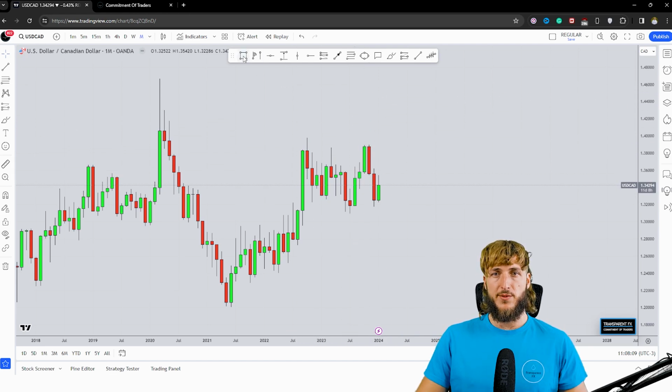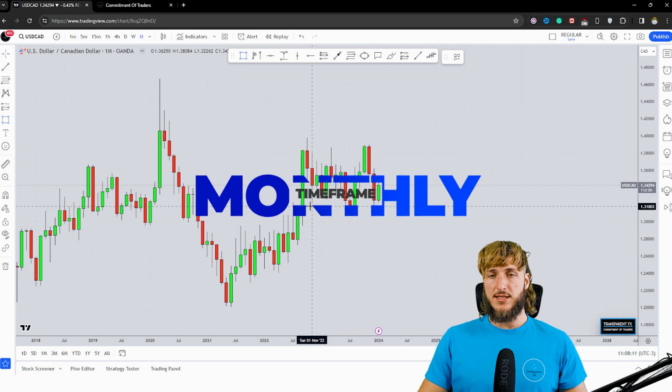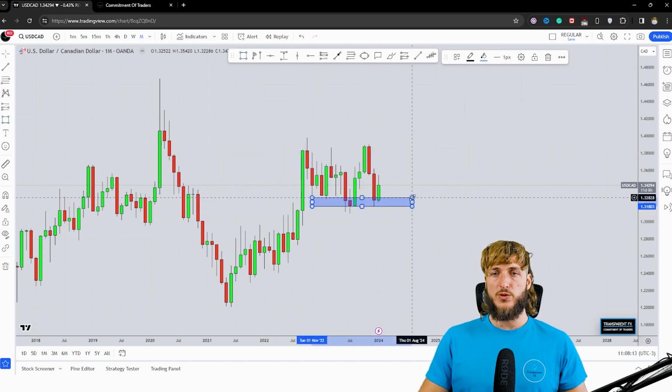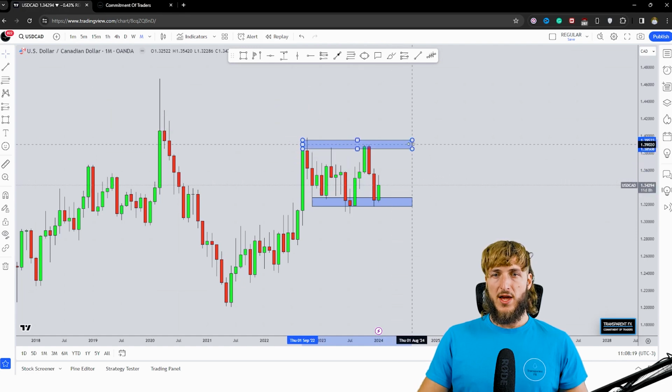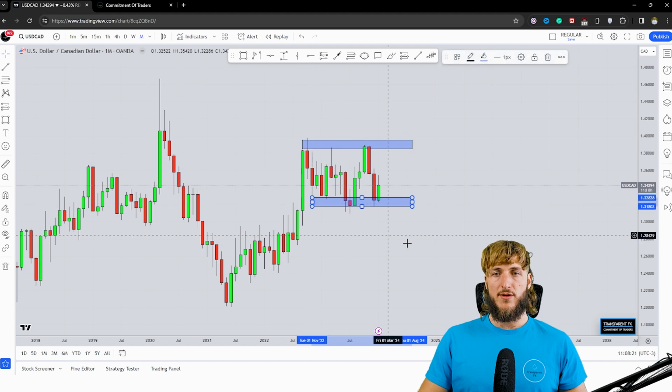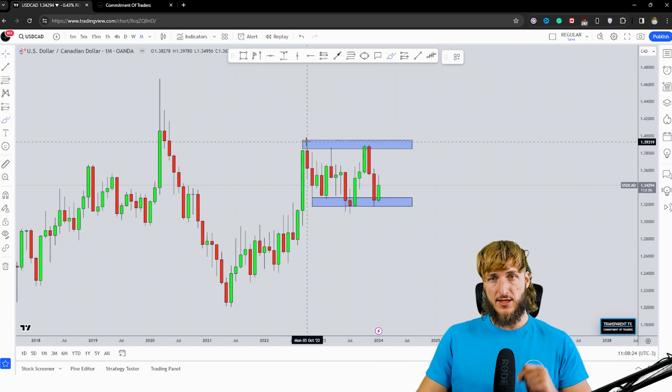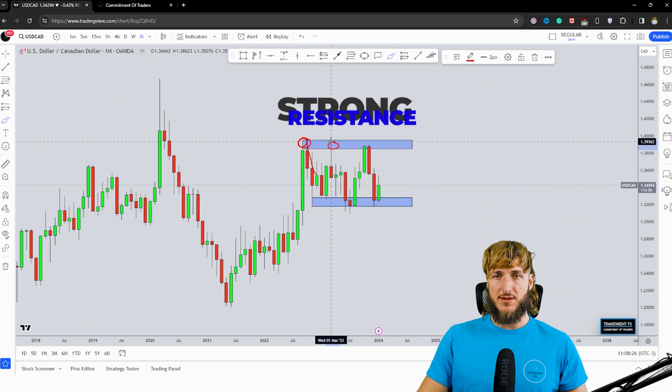Now, starting from the monthly time frame, what we can see is that at the moment we have a market which is trapped in between resistance and support from a monthly standpoint. So essentially, we have a market which is inside of a monthly range. In fact, we have resistance here at the top, and the market has rejected this level to the downside multiple times.